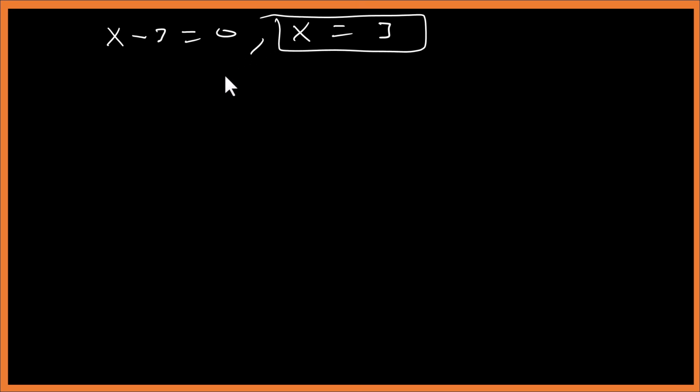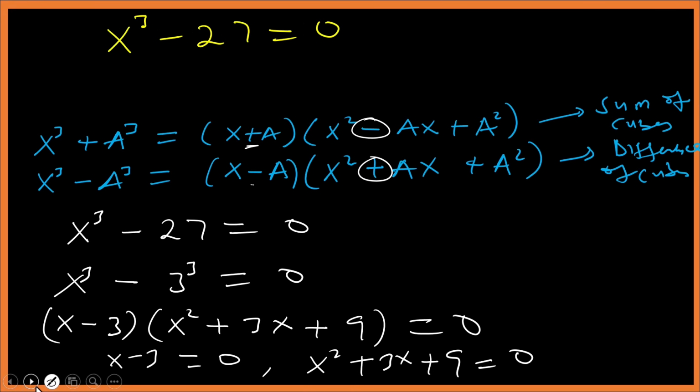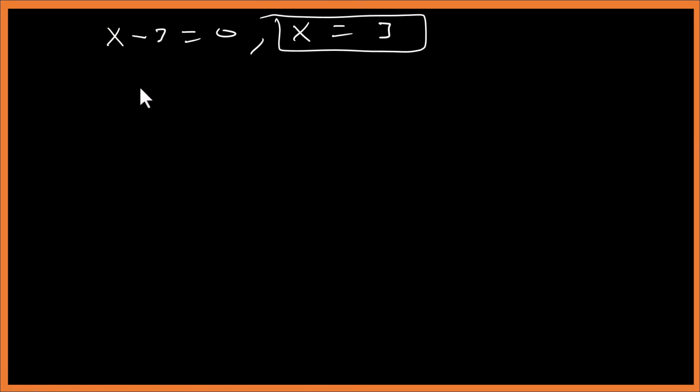We need to find the other two solutions, from x squared plus 3x plus 9 equal to 0.